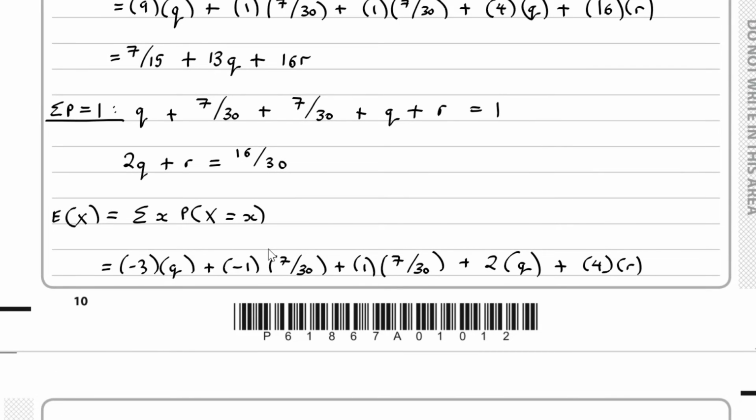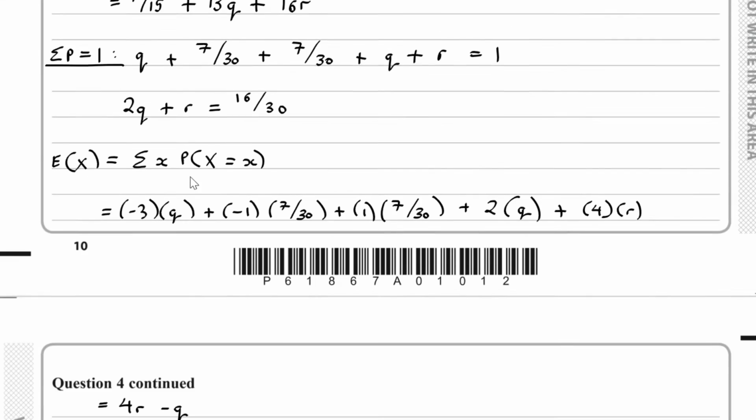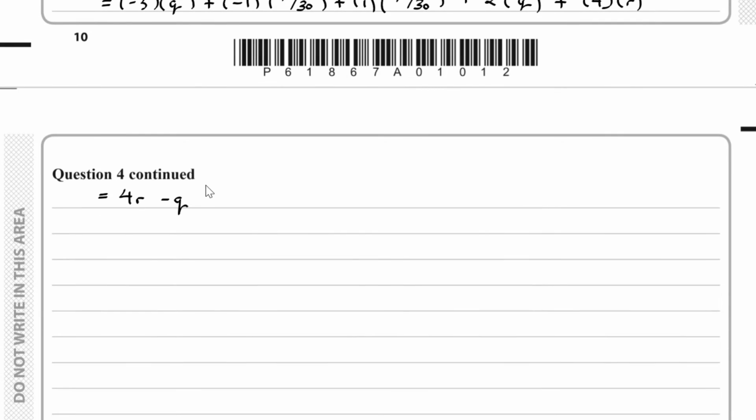Okay, and what we can also do is construct this table again, this time so that we can work out the expected value of x cubed. So we've got x cubed, and then the probability that X is equal to x.